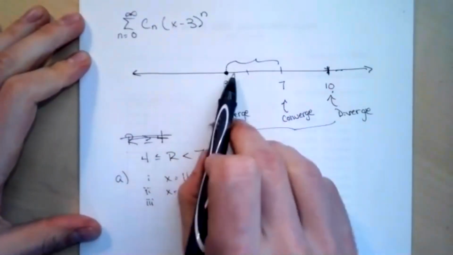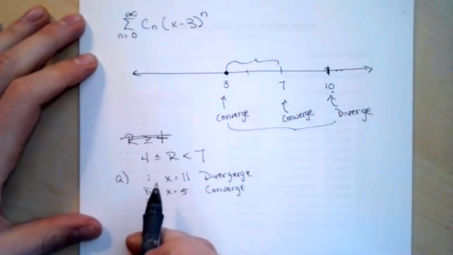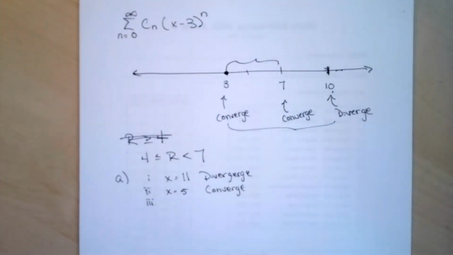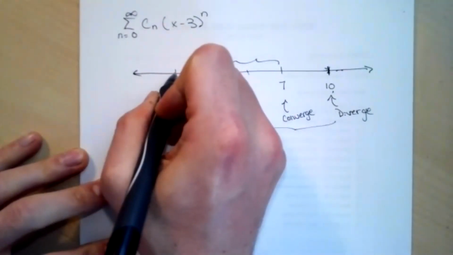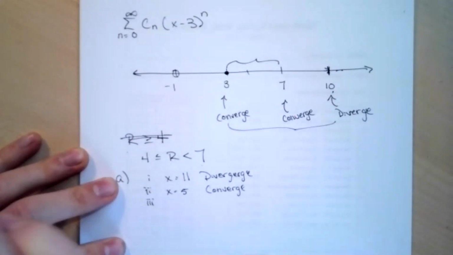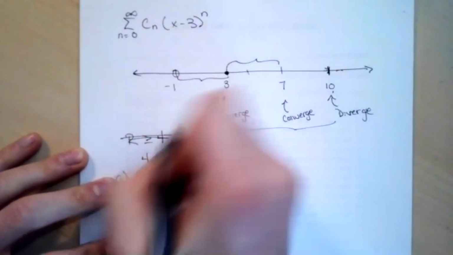So I know that if we're converging from 3 to 7, I know we also have to converge below. Maybe not at that endpoint, though. So I know we're going to converge down to -1, but we don't know what's exactly going to happen at that endpoint. I know at least up to that, though, it'll converge.